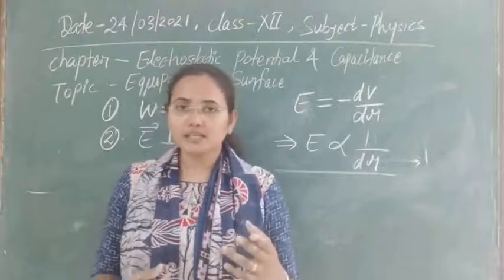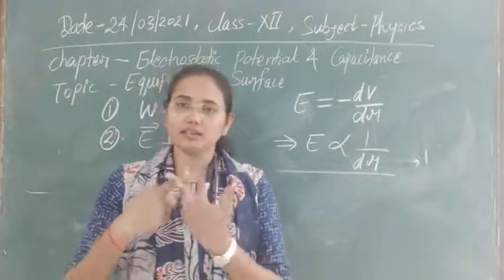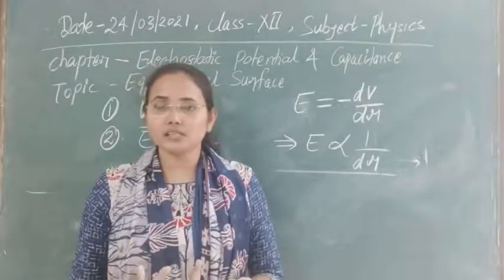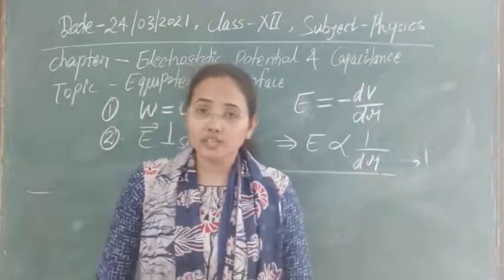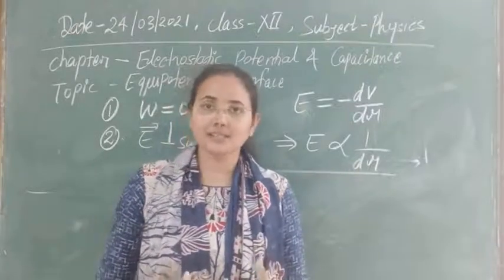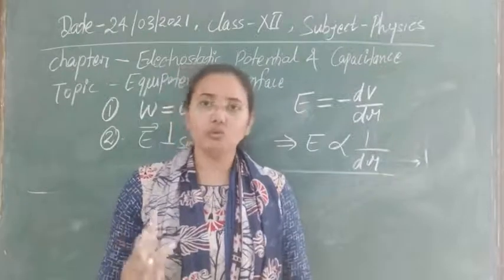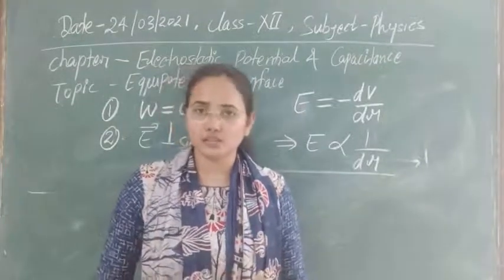But as the value of potential is not changing over the equipotential surface, the intersection violates the concept of equipotential. So no two equipotential surfaces can ever intersect each other.